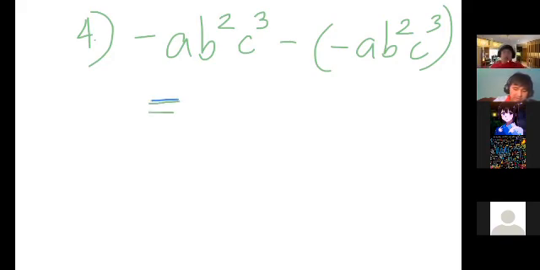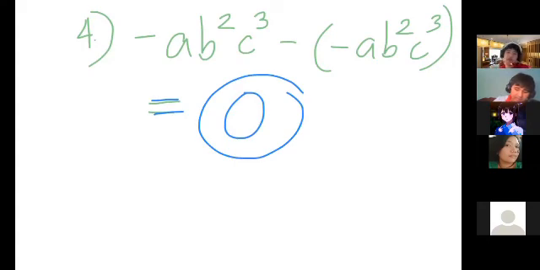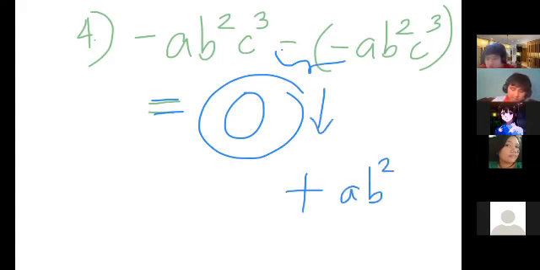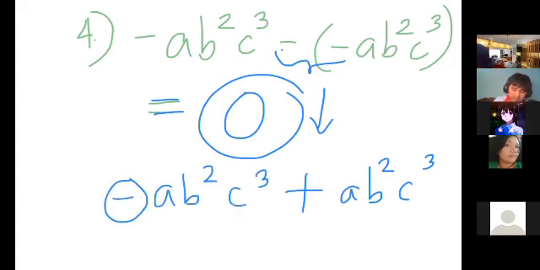Maybe some people don't think that this is 0, but this is minus negative, right? If it's minus negative, you change it to plus ab squared c cubed. Negative ab squared c cubed. Positive, negative, right? So that will cancel out.